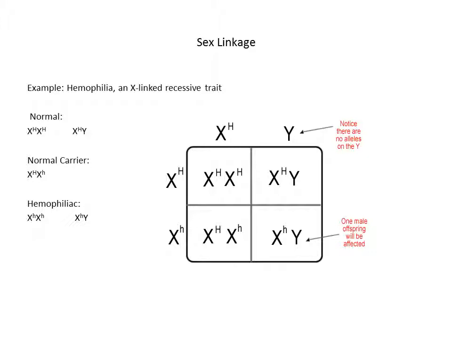If dad passes along Y, but mom gives a bum copy, you get the disease because there is no corresponding hemophilia gene to cover for it on this X chromosome. However, if mom passes along bum gene and dad passes along good gene, we have a carrier state where they don't suffer from the disease because they have one gene that's good enough to cover for the other.